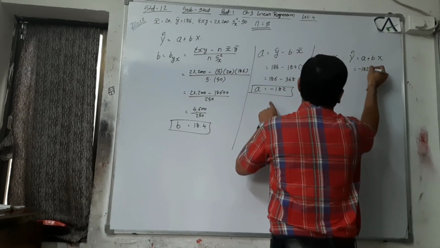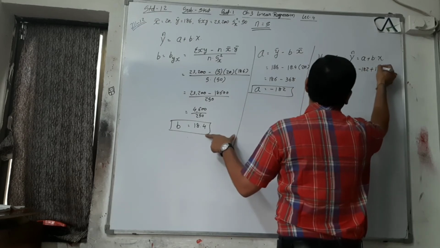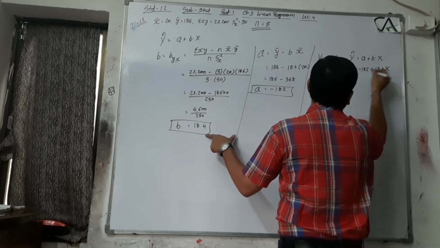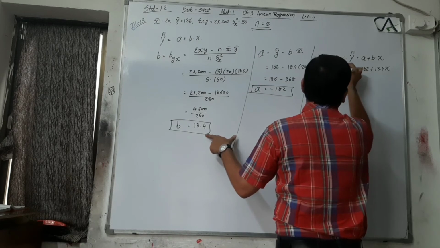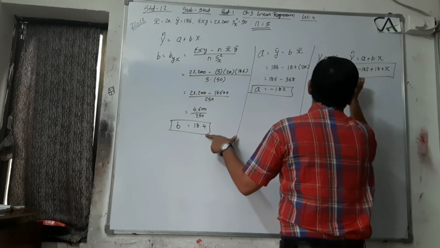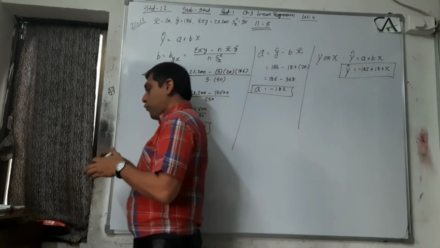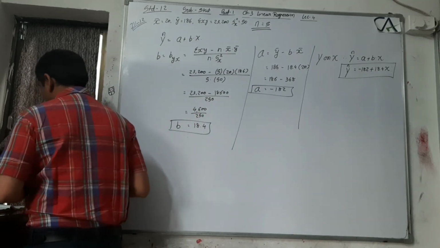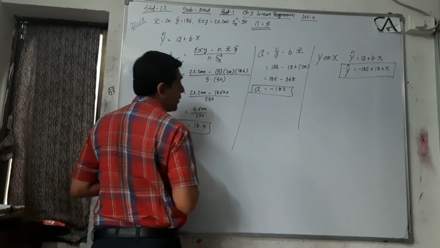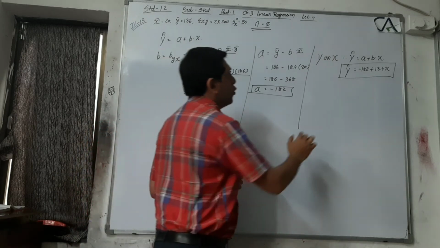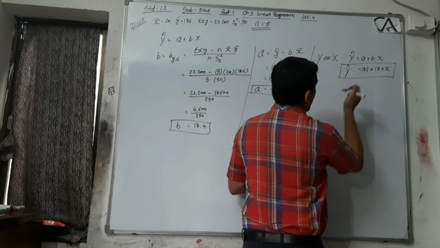Minus 182 plus 18.4x. This is the first answer of your question. Obtain the regression line. We obtain the regression line: y cap is equal to minus 182 plus 18.4x.